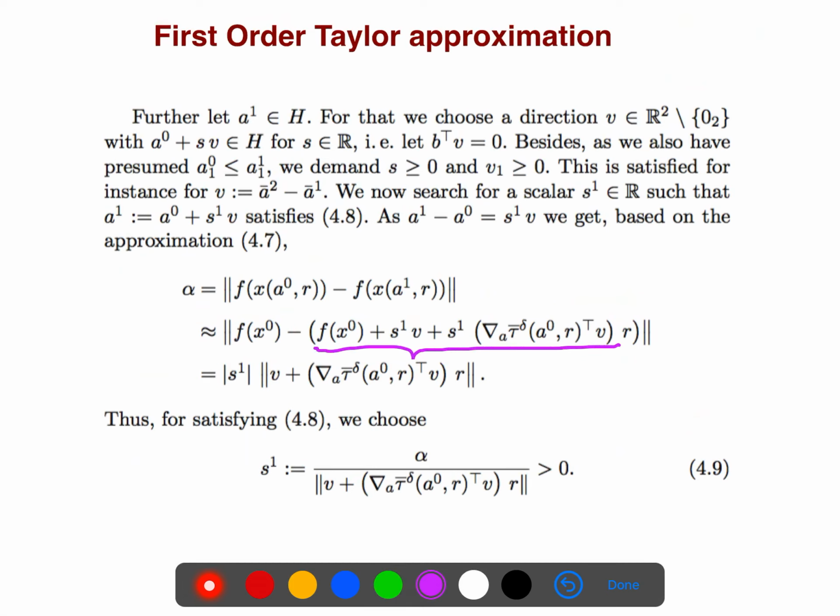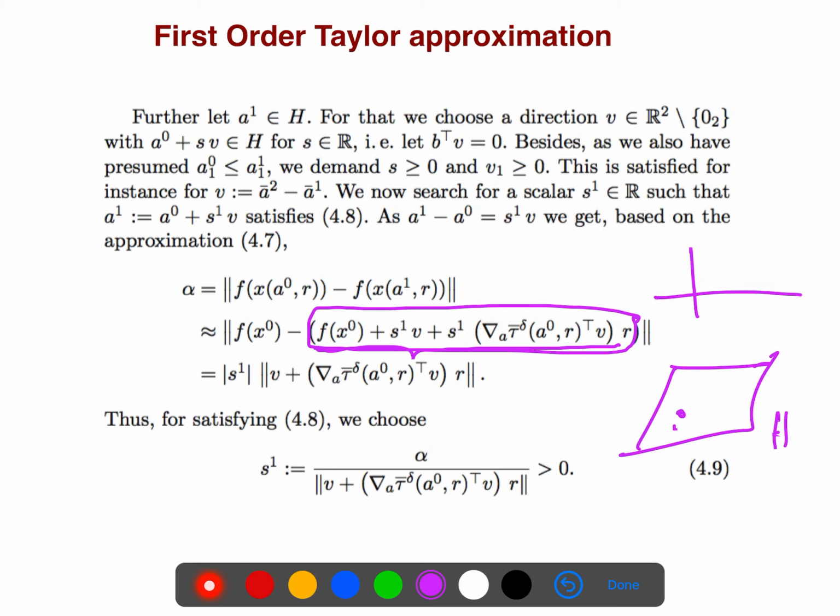So we substitute for f. We approximate it with this formula, and of course S1 and S2 are the bases. If we have a hyperplane H and A is inside the hyperplane, you can span this hyperplane by two vectors, V1 and V2.